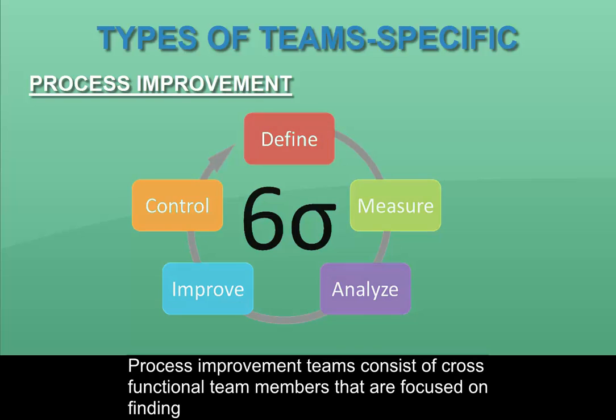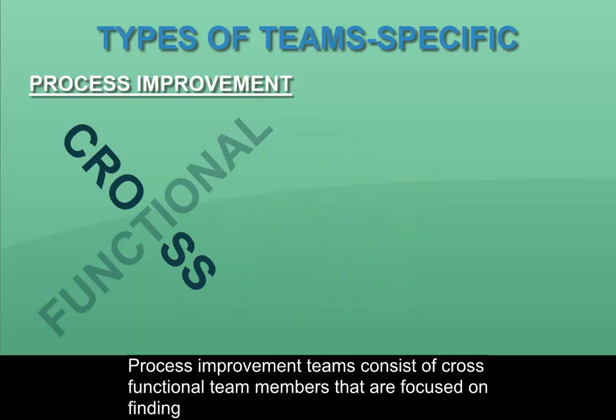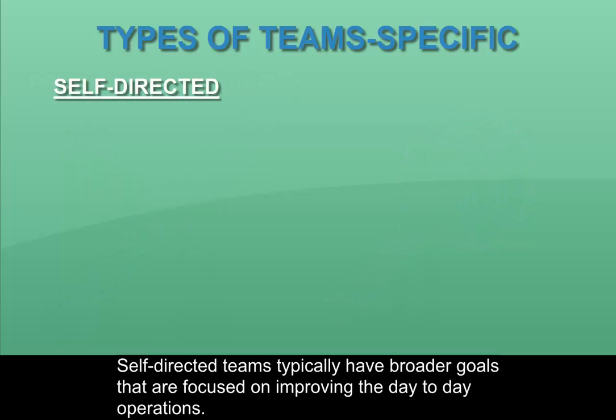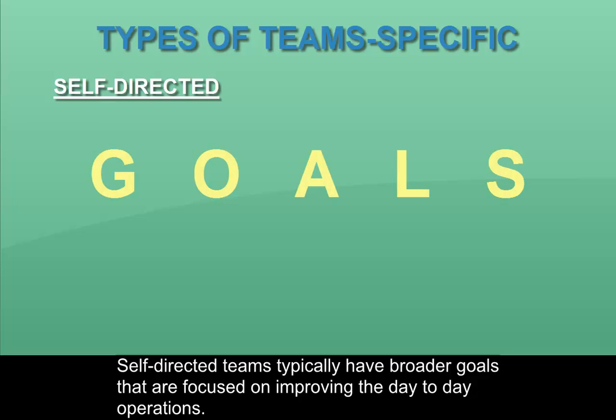Process improvement teams consist of cross-functional team members that are focused on finding and implementing process improvement changes to provide better benefits to the customer. And then self-directed teams typically have broader goals that are focused on improving the day-to-day operations.